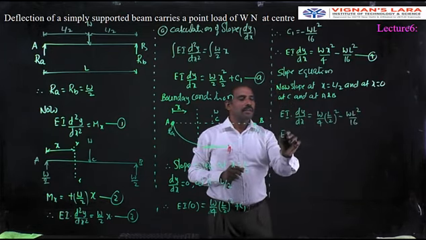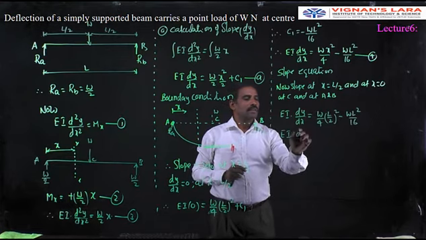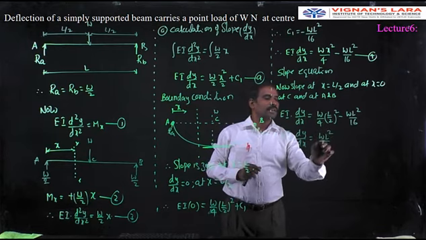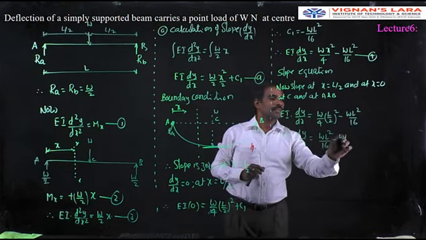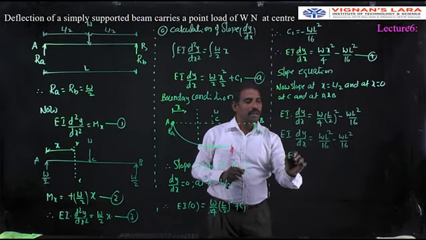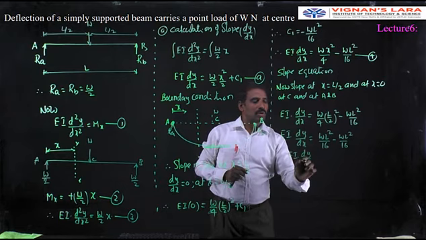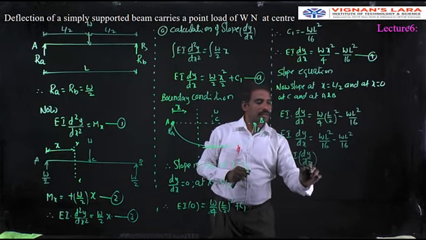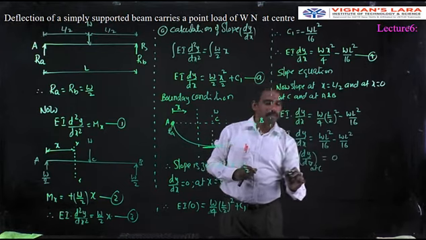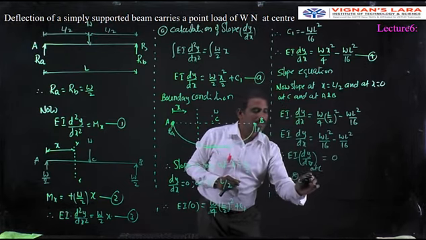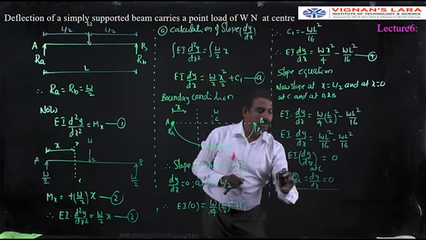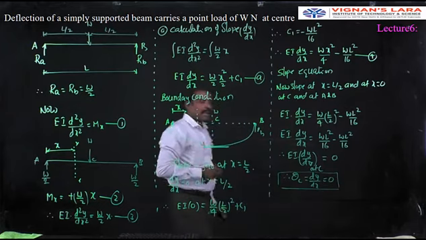Then EI into dy by dx is equal to WL square by 16 minus WL square by 16. Therefore EI into slope at C is equal to 0. It means theta C is equal to dy by dx is equal to 0. The slope at midspan is 0.